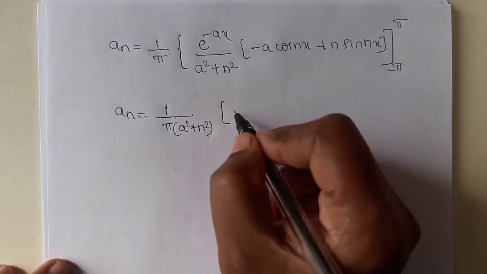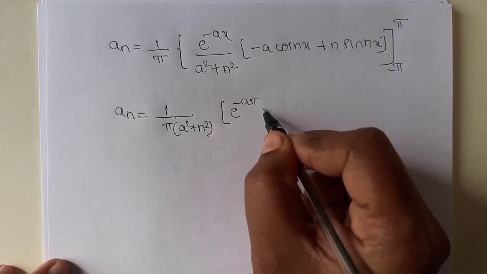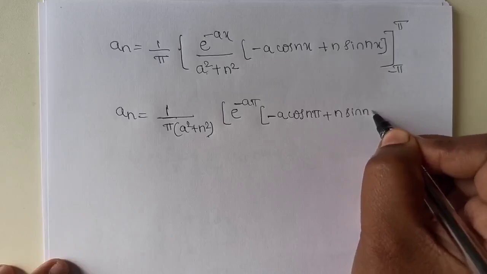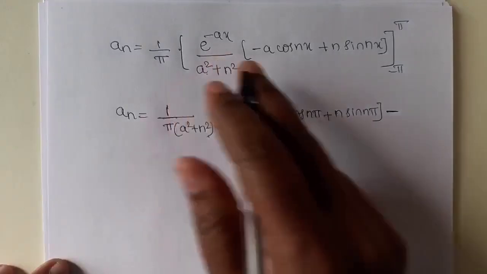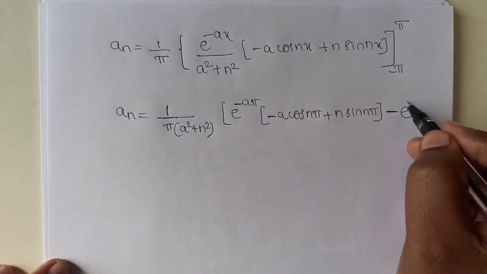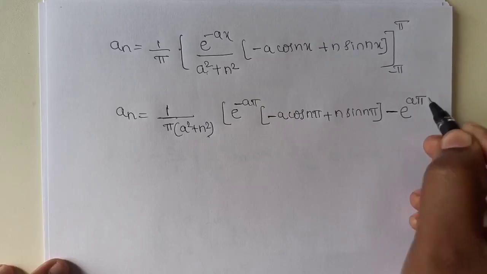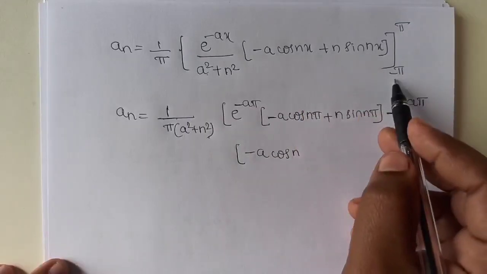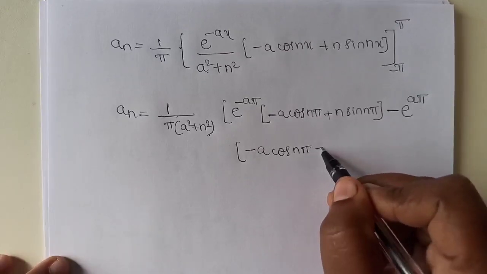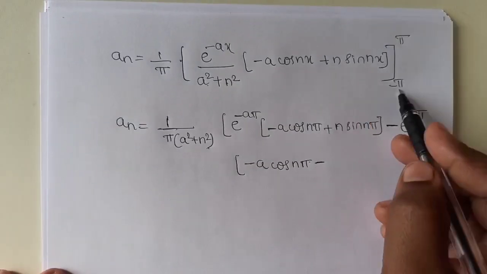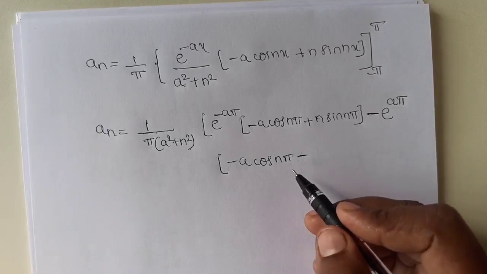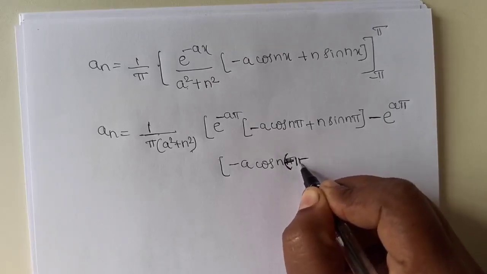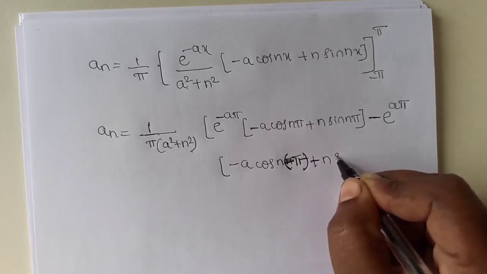So we get 1/(a² + n²) times [e^(−aπ)(−a cos nπ + n sin nπ) − minus of the lower limit, that is e^(aπ), since minus into minus gives plus aπ, into (−a cos of (−nπ), where cos of −nπ equals cos nπ, plus n sin of (−nπ), where sine of minus theta equals minus sine theta)].